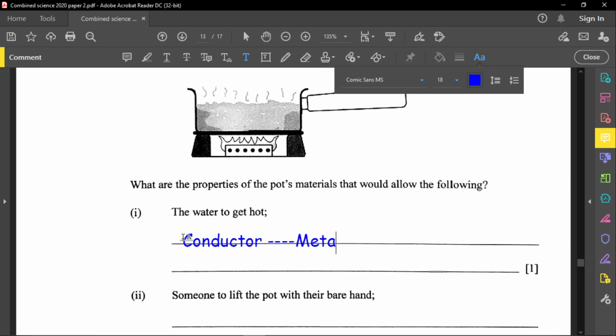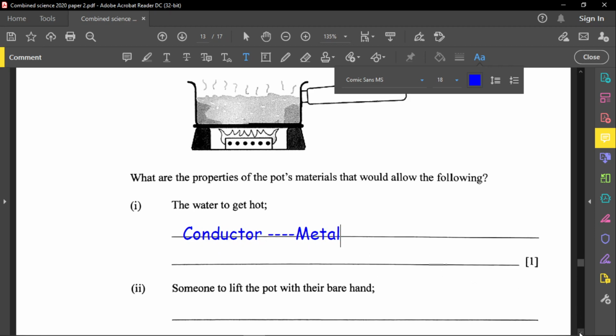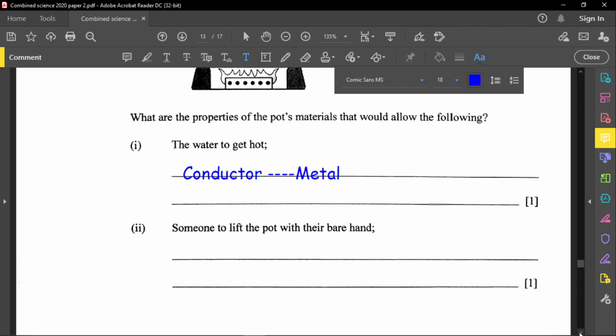The pot itself is made up of metal. And for the next part, it says someone to lift the pot with their bare hand. That is because the handle is an insulator. So this will be insulator, and the part that I'm talking about here is the handle. All right, so great.